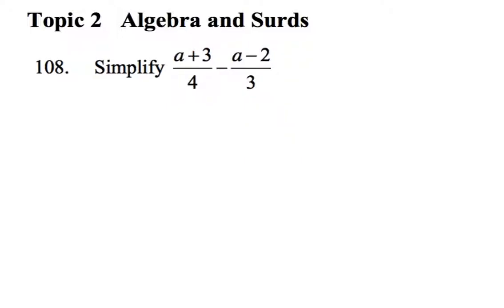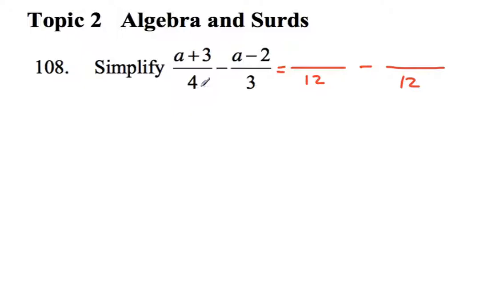Okay, this one here, a little bit more complicated, but still it's subtracting fractions. What we will have is, we'll try and turn these both into something over 12, and minus another thing that's over 12.